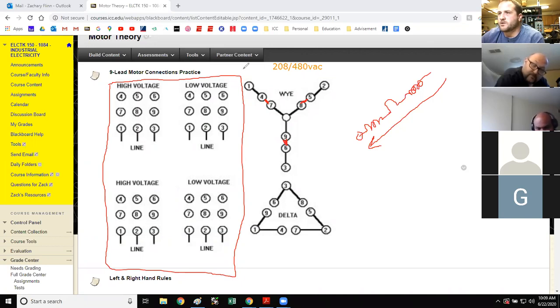By the way, 1, 2, and 3 for all of these is where your line voltage is going to come in. So this would be L1, L2, and L3.